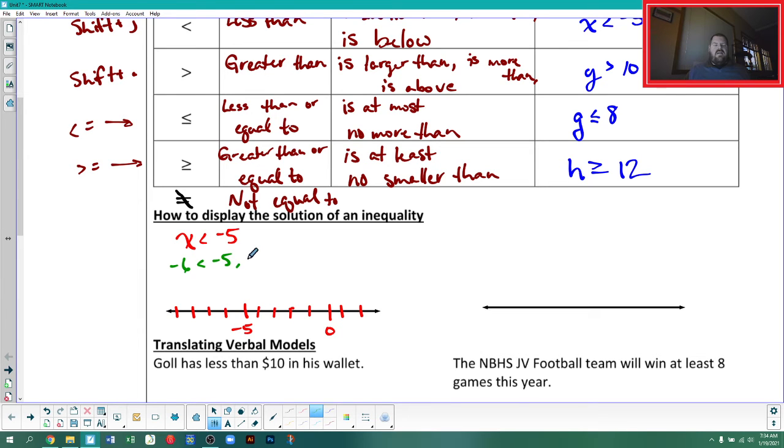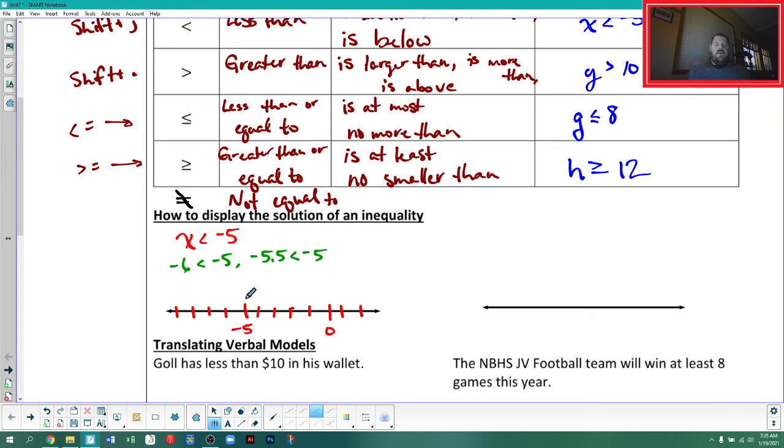But hey, -5.5 is also less than -5. So there's a lot of answers here, right? There's a lot of things that are less than -5, and this is why we use a number line. And it really comes down to everything farther left than -5 is less than -5, but not -5 itself. I do have to avoid that.